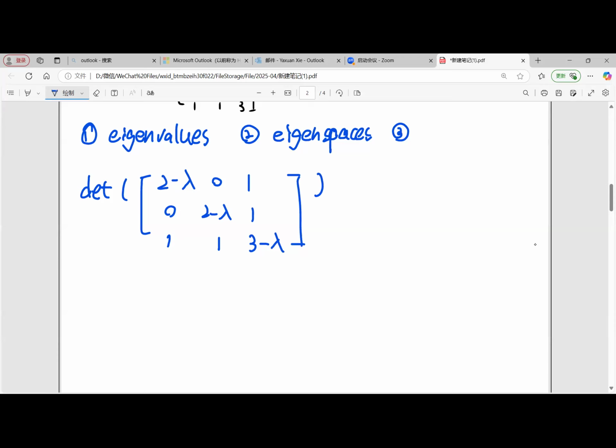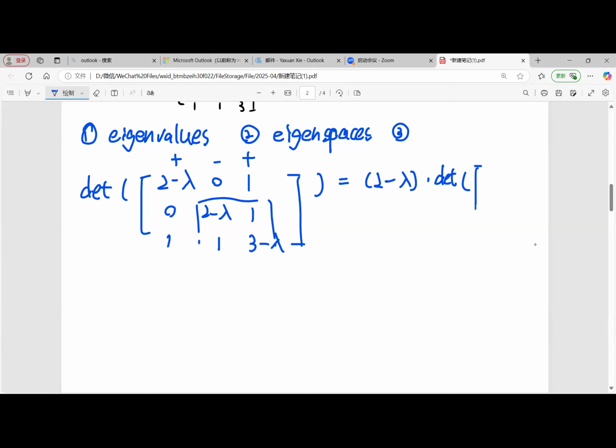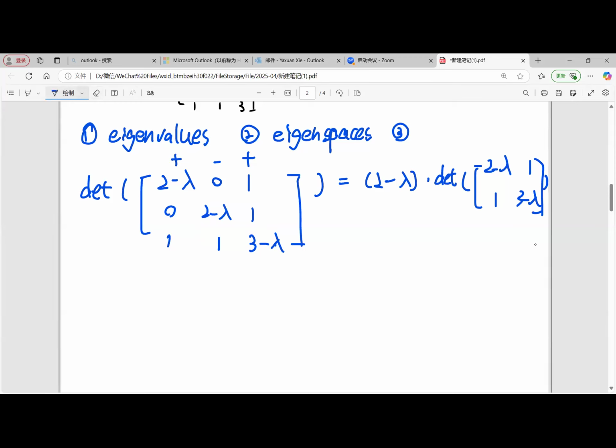To calculate the determinant of a 3 by 3 matrix, there's one thing we need to pay attention to. We let the first element be positive, then negative, then positive, in this order. So we get positive 2 minus lambda, and then we multiply by the determinant of this matrix.